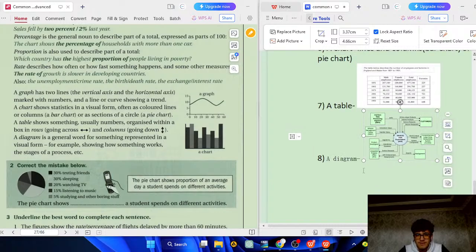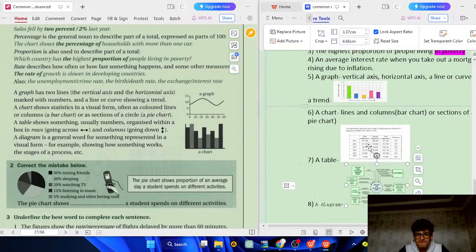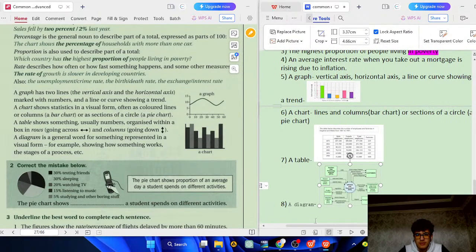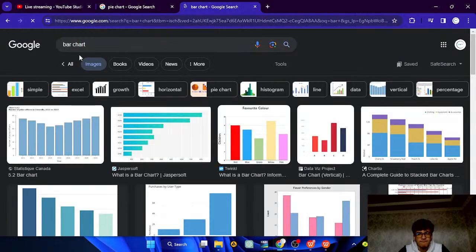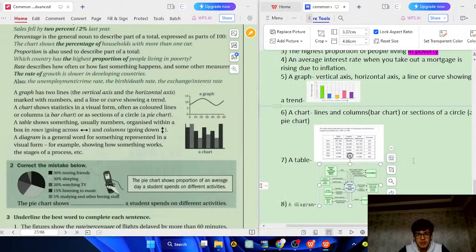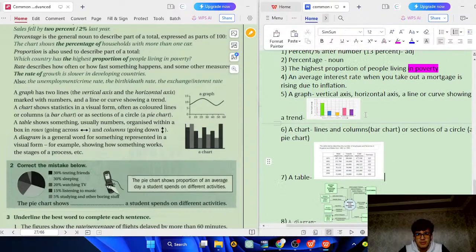This is a diagram. This is a table. Chart. But what's a bar chart? Bar chart. Okay. Same with this one though. Graph, chart.